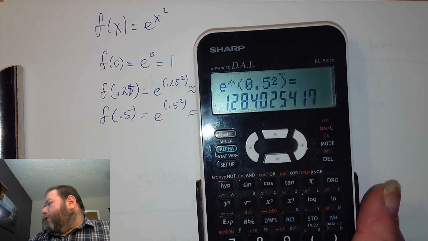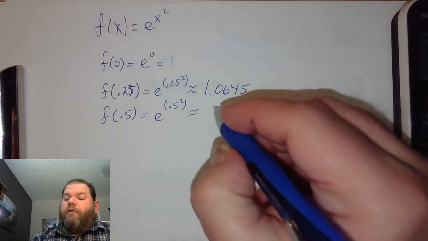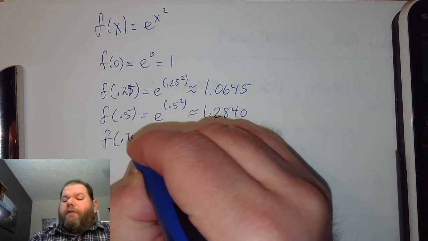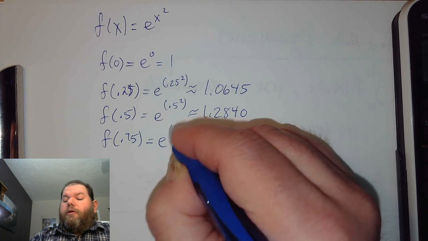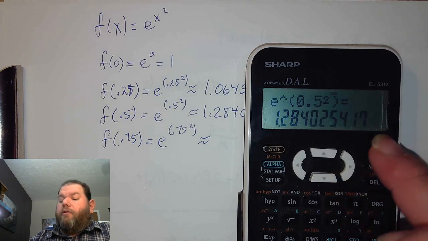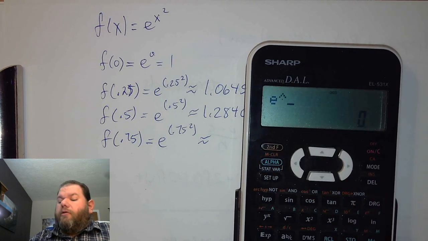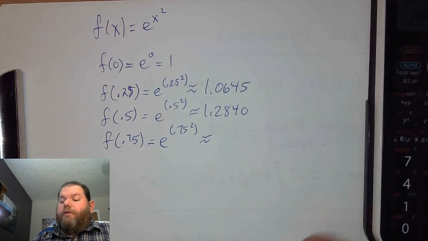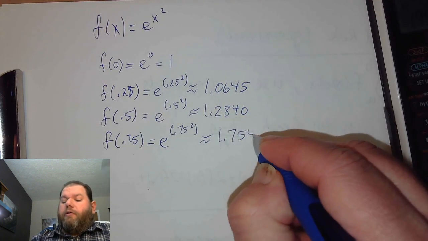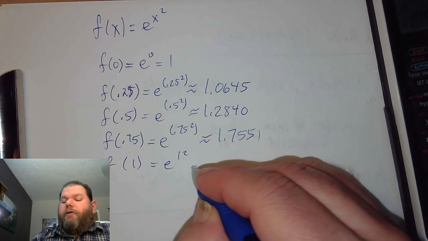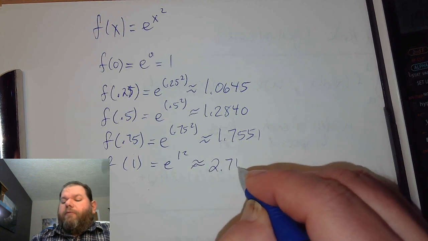So 1.2840. f of 0.75, e to the 0.75 squared, 1.7551. And finally f of 1, which is e to the 1 squared, which is 2.718.